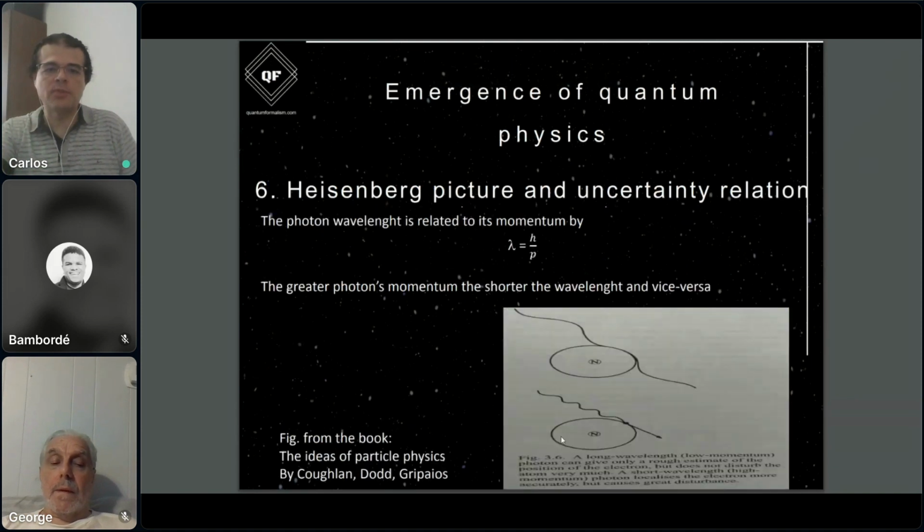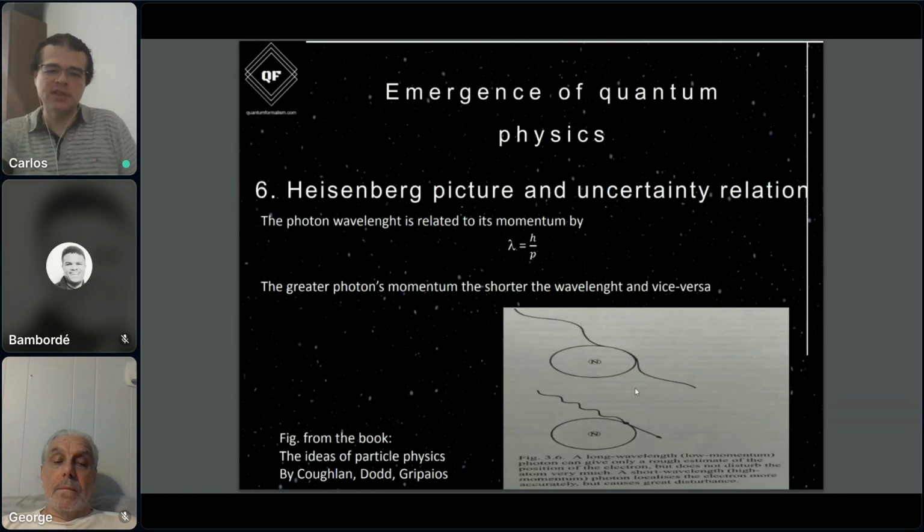So I think this representation here shows the photon wavelength, like the de Broglie ideas here, right? The greater the photon momentum, the shorter the wavelength, and vice versa. So what Heisenberg says is basically, if I have a big wavelength and I want to know some information about the electron in this atom, this big wavelength will just tell me that the electron will be somewhere here, in the atom diameter.